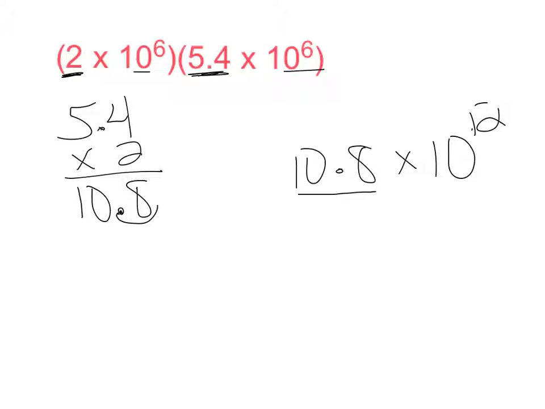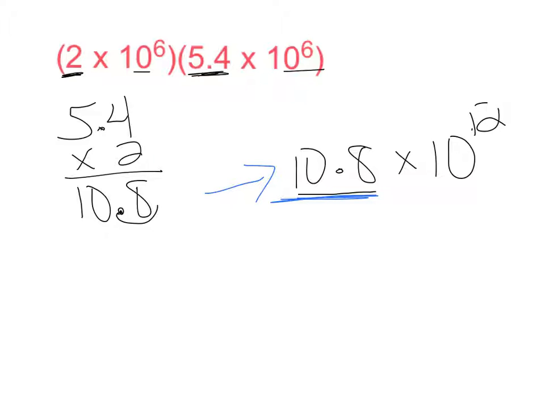Now, many of you will be tempted to say, oh, I'm done, and walk away. But let's look at our answer. We know that scientific notation has to have this first number greater than 1, which it is, but less than 10, which it is not. So we need to change this number to fit those rules.